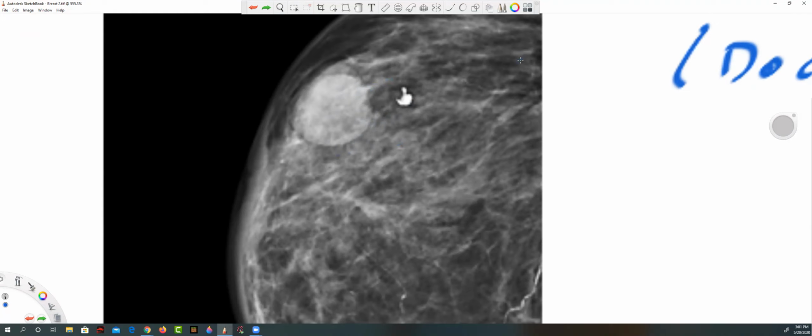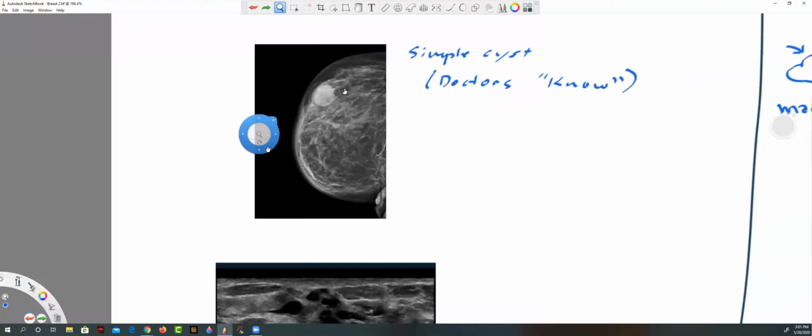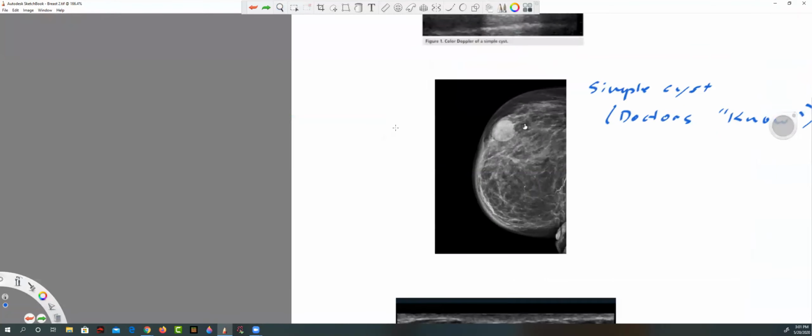Remember, when we look at an X-ray, and this is a little bit of an aside, but it's an important aside, even though this looks like a two-dimensional slice, it's not. It is the three-dimensional breast on a two-dimensional plane.